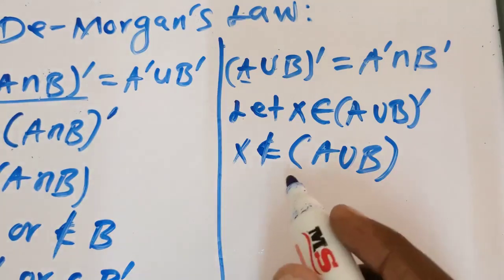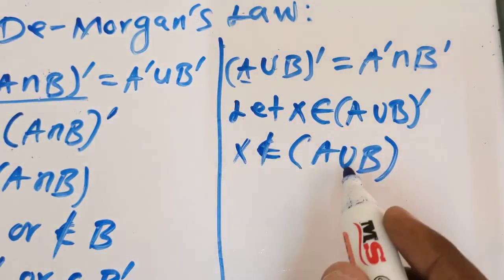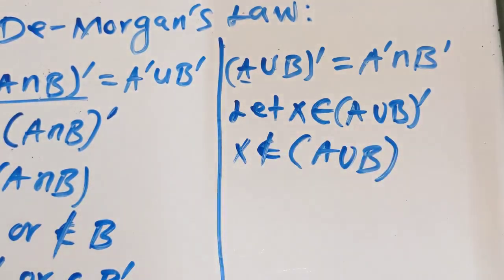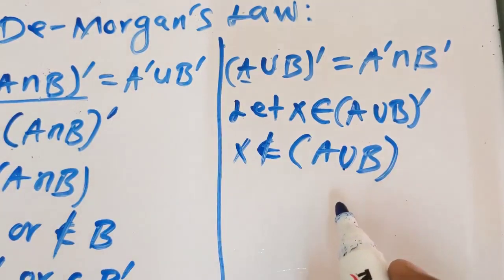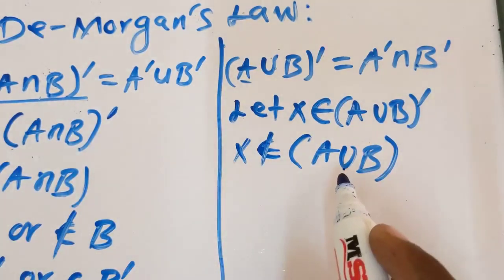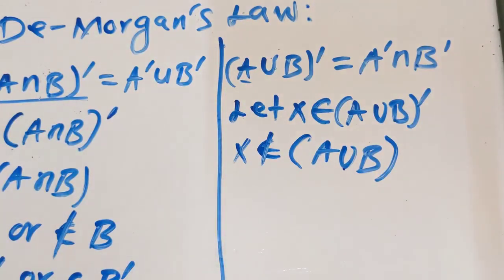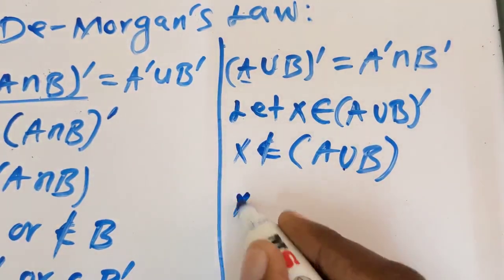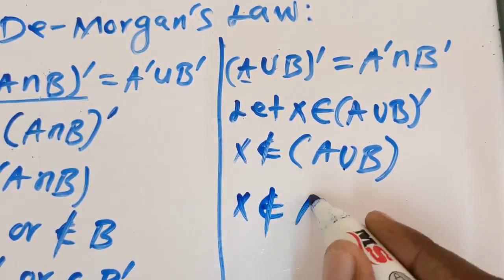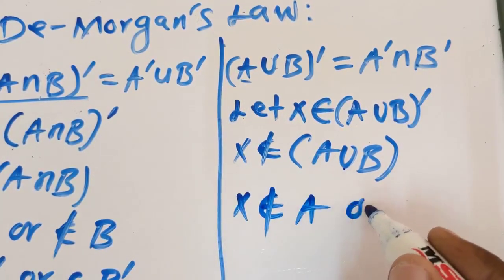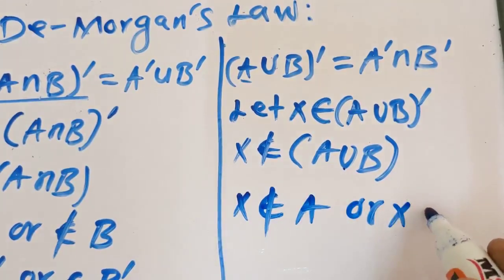So this statement means that this which is here means what? It means or. So we say x is not a member of A, or x is not a member of what?